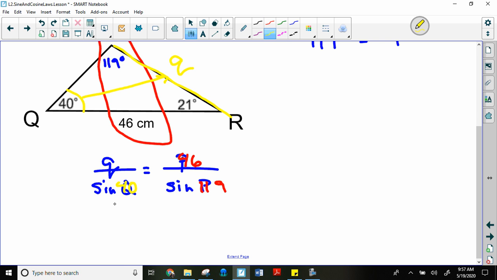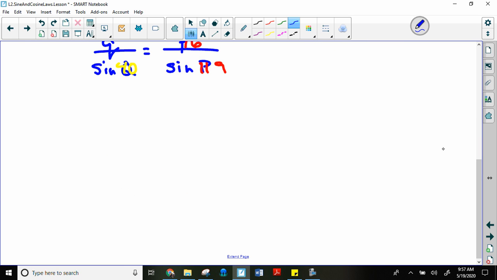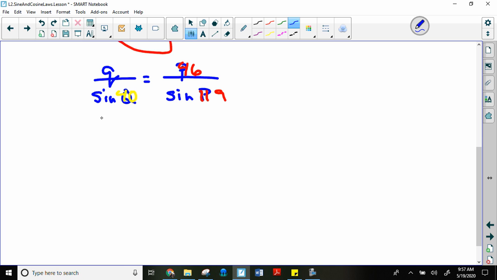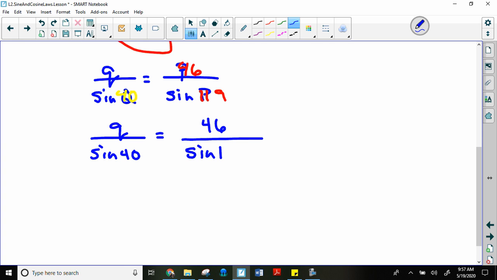So we can replace 3 of the 4 things, and then we're just going to solve for Q. So Q over sine of 40 equals 46 over sine of 119.